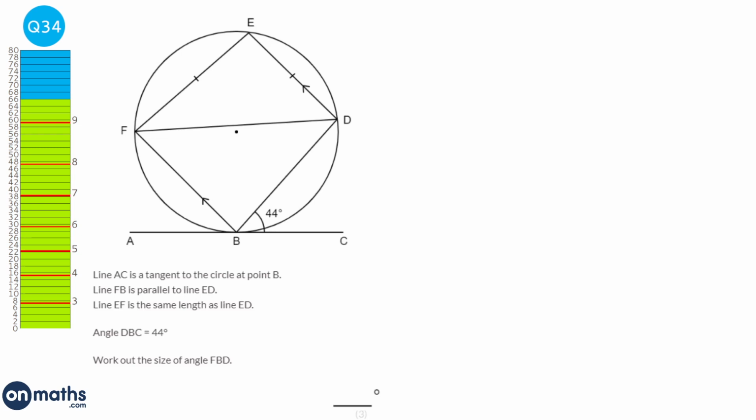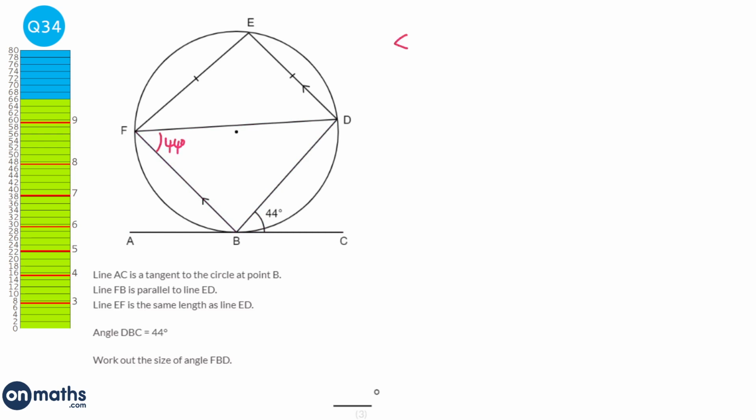So the first thing I notice with this question is that we have a lovely triangle coming off a tangent, and whenever we have that, the angle on the outside here is equal to the angle on the opposite side of the triangle. So this is going to be 44 degrees here. I'm just going to remove all of that, and so this is going to be 44 degrees here.